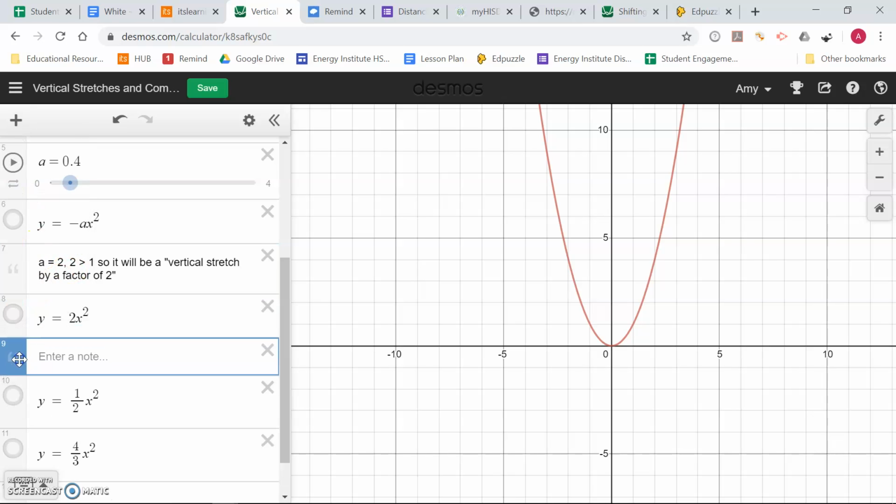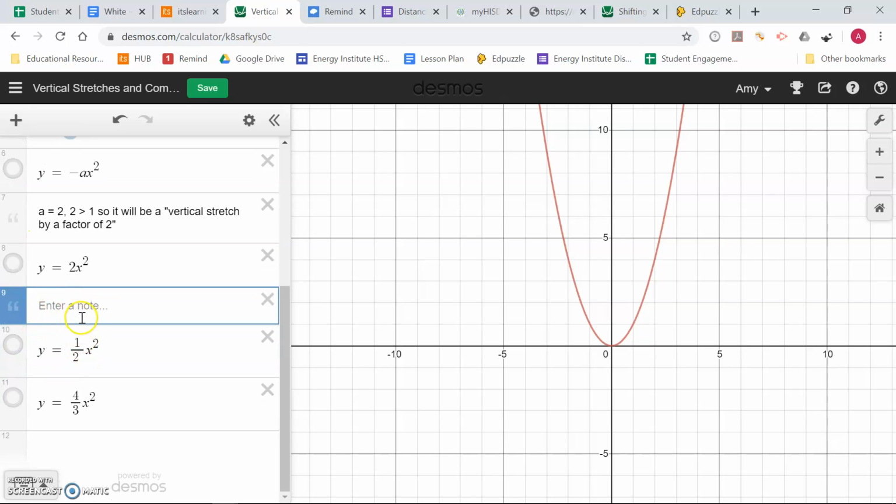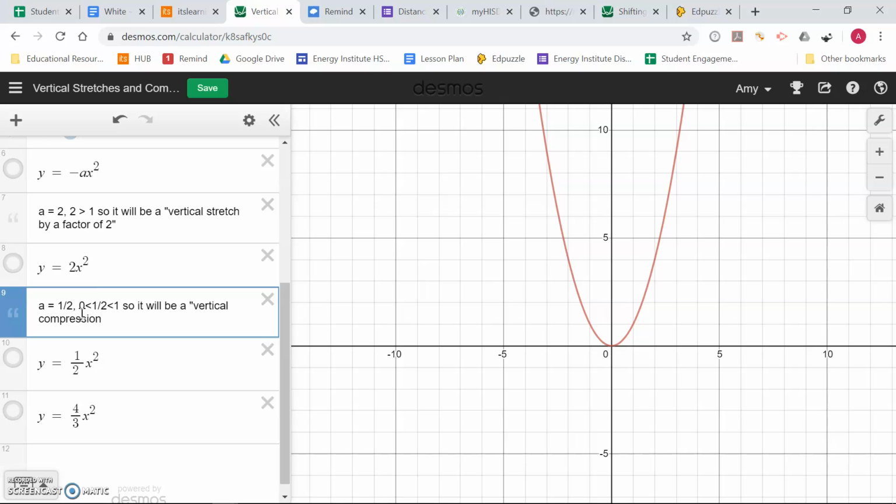So let's look at the next one. I have A is 1/2. Now, 1/2 is between 0 and 1, so it will be a vertical compression. And then we still tell how much it's been compressed, by a factor of 1/2.